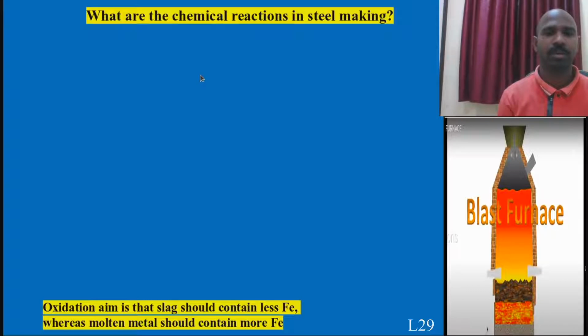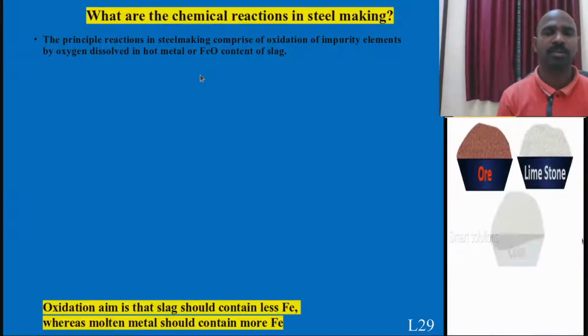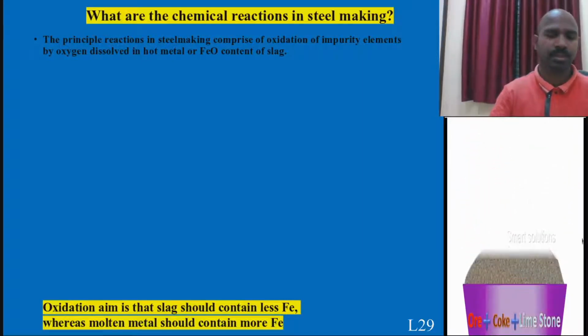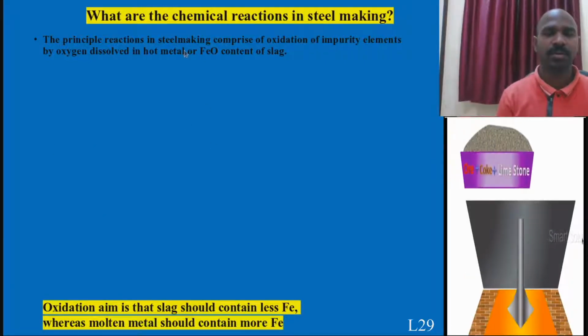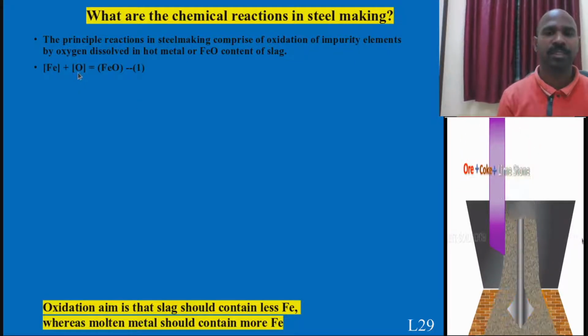What chemical reactions happen in steel making? The principal chemical reactions are oxidizing reactions. The moment you purge pure oxygen into the molten pig iron, it reacts and can form many reactions.